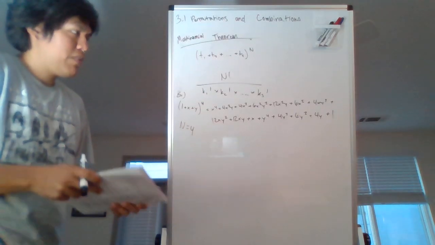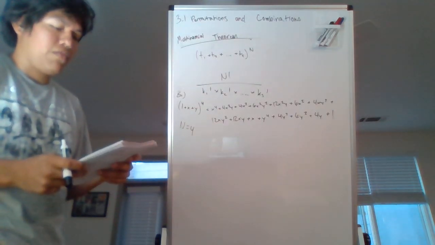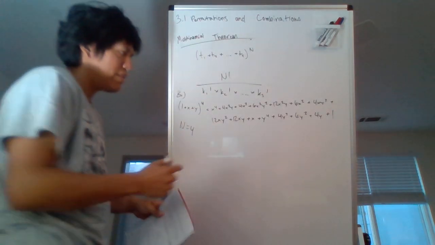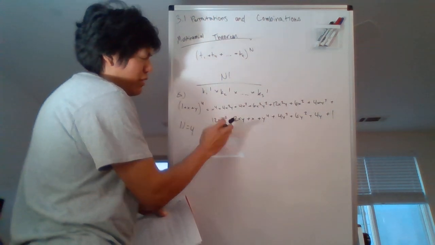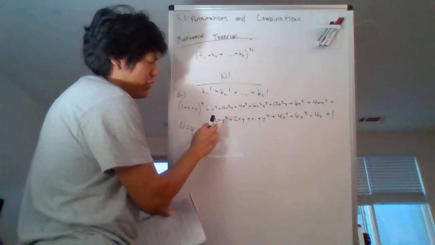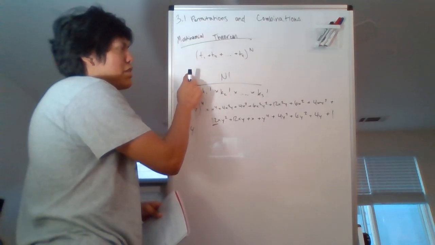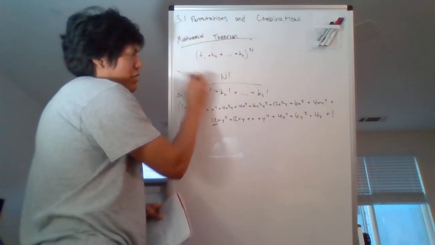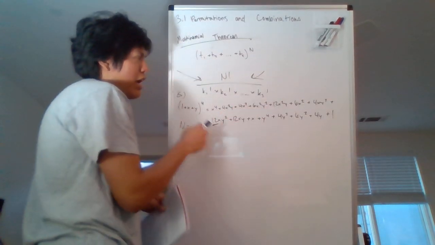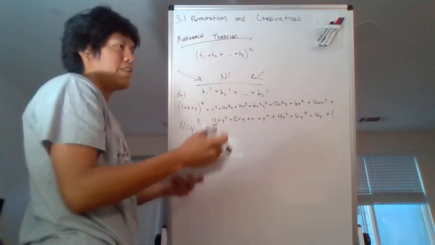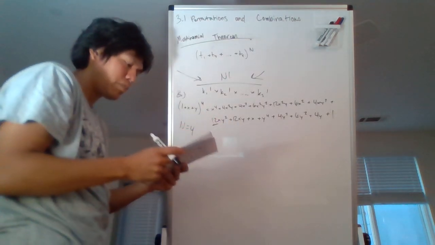Now let's say we want to find the coefficient of the term xy squared. If we look through here, we see that the coefficient is already 12. But using this multinomial theorem, how can we be sure that it's 12?